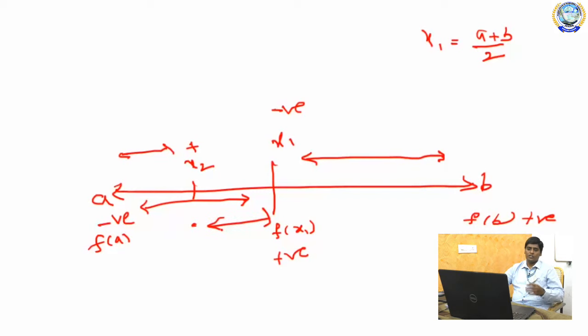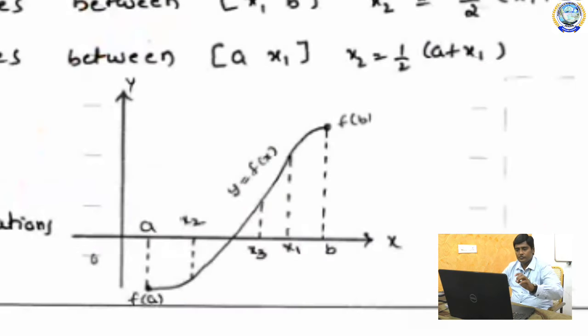By continuing this process, the distance between a and b will be reduced, and we will get an accurate approximate value. So this is called the bisection method. Here I will show you on the curve. Let y equals f of x be the given curve equation. I choose a value a such that f of a is negative.